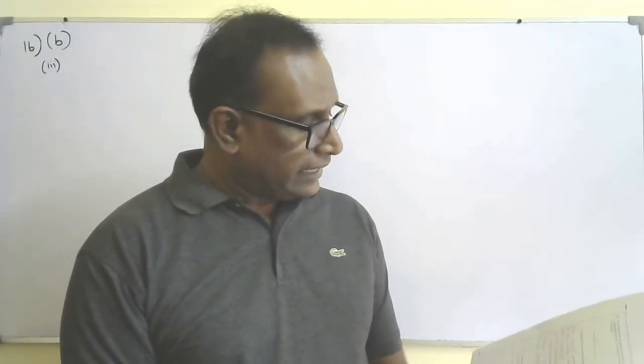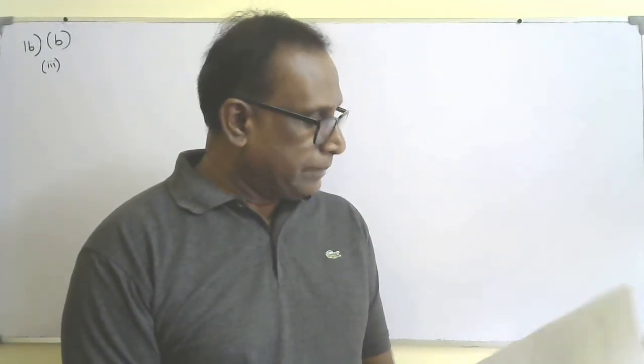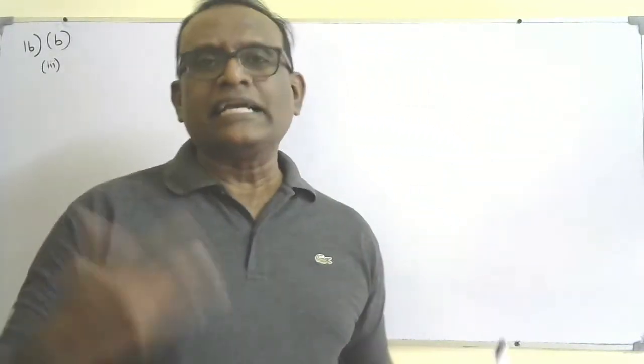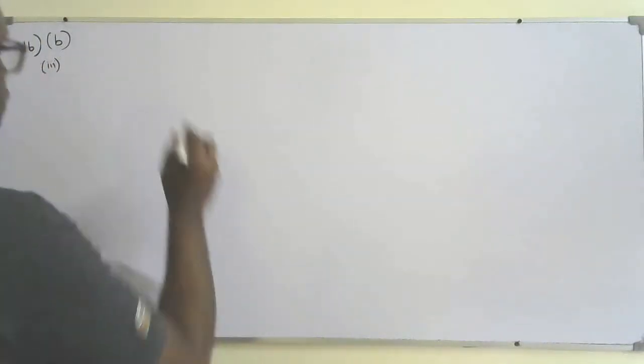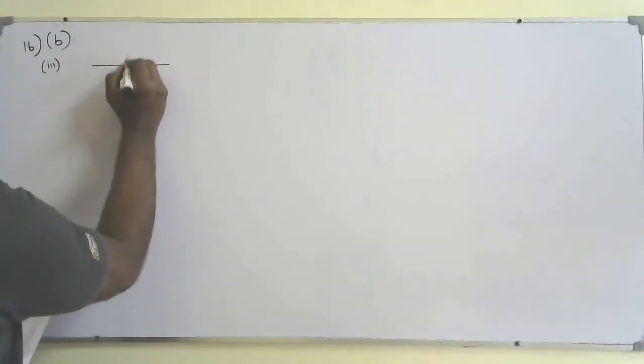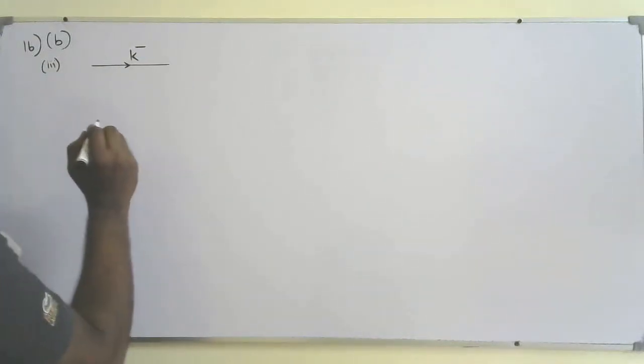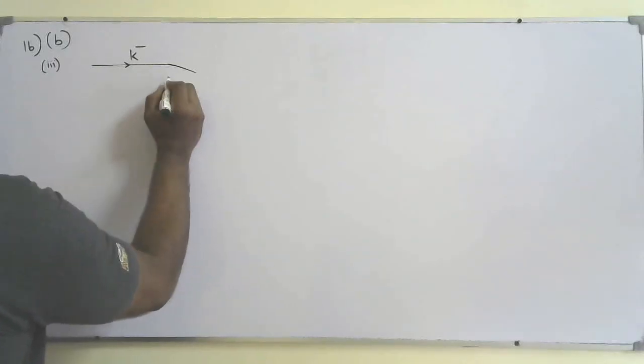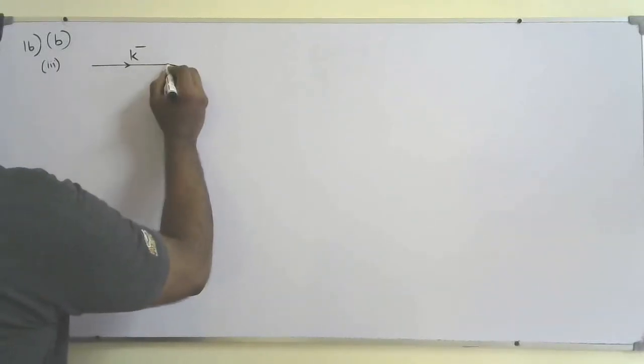Okay, so question number 16, B part, third part. Deduce the charge and baryon number of the omega particle. We will think about the reaction equation. That's easy. We know the track shown is K minus hitting a stationary proton. After collision, it's forming an omega particle and K plus.